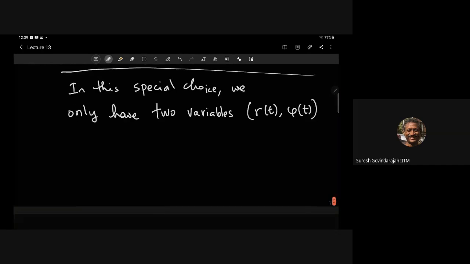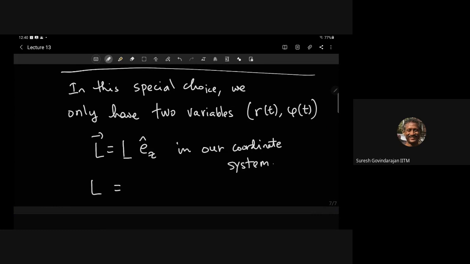We need to solve for these, but we have a constant of motion. First, we know that L now is just some number times Ez cap in our coordinate system. What is L? It is nothing but P phi, which we had shown is Lz, so that is m r square sine square theta phi dot.